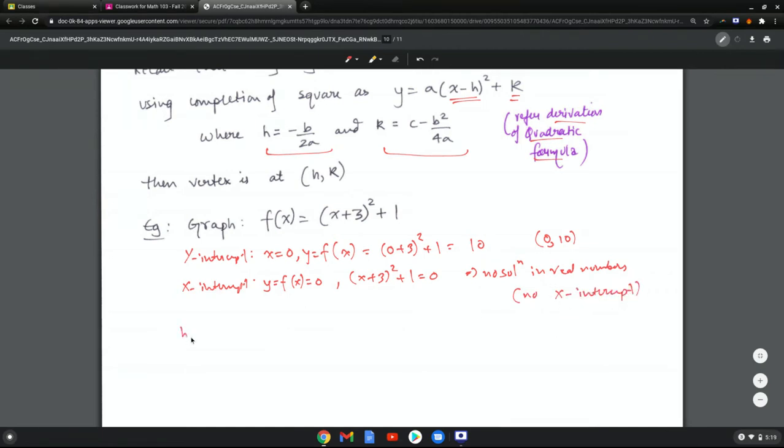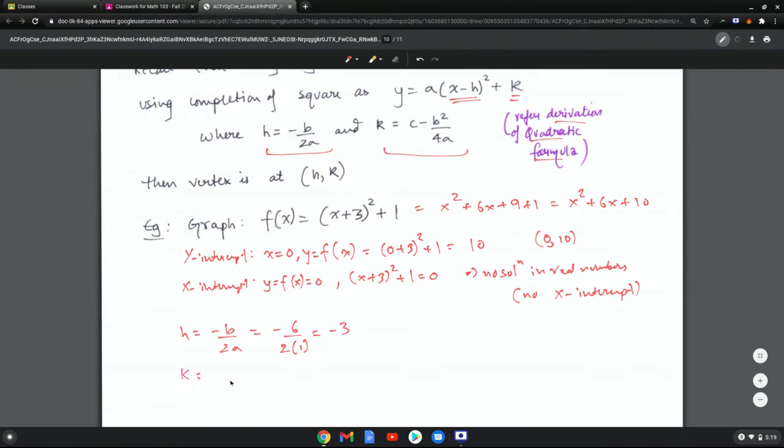Now let's find h. That's negative b over 2a. Let's expand this so that we have the standard form, which is ax squared plus bx plus c. That's x squared plus 6x plus 10. So b is positive 6, 2 times a is 2, this gives me negative 3.